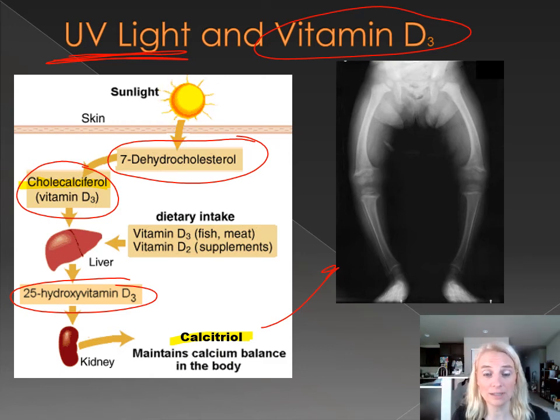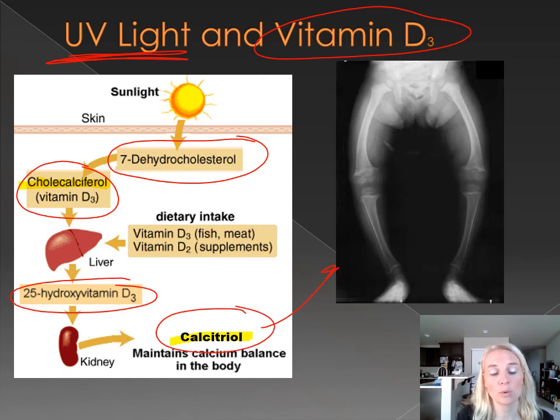That's not just a marketing scheme. It really is the reason why you want to take vitamin D and calcium at the same time, because it helps you manufacture this hormone calcitriol, which is critical for your uptake of the calcium that you're taking in via your diet. And if you lack vitamin D, or you lack sunlight to make enough vitamin D, you get what's called rickets.